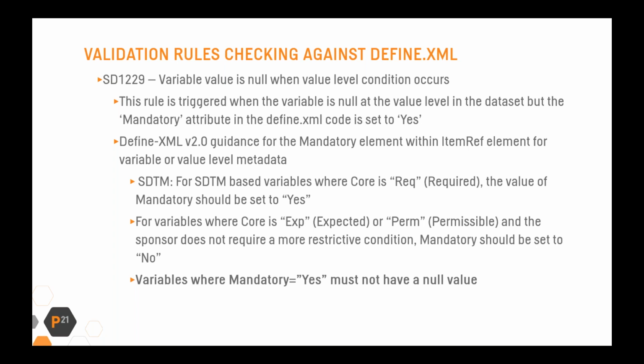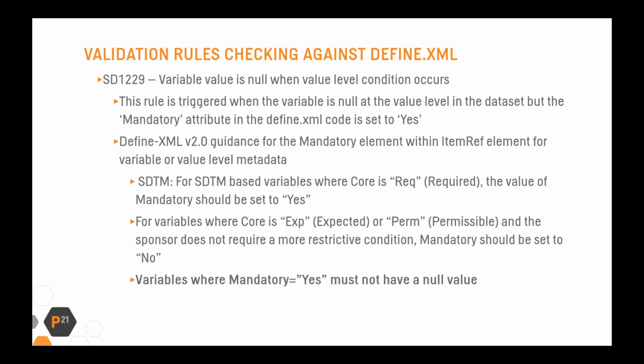And so for required variables in SDTM, the value of mandatory should be yes, meaning it cannot be null. And then for variables where the core is expected or permissible and the sponsor does not require a more restrictive condition, mandatory should be set to no. If there is a chance that the variable doesn't have to be populated on every single record.